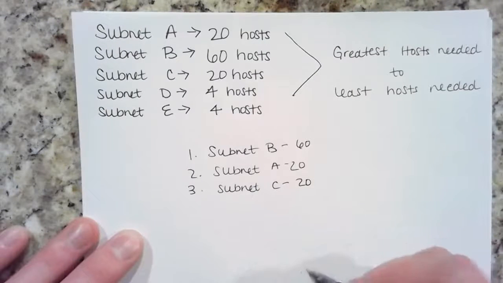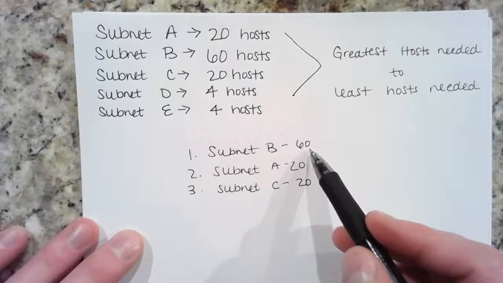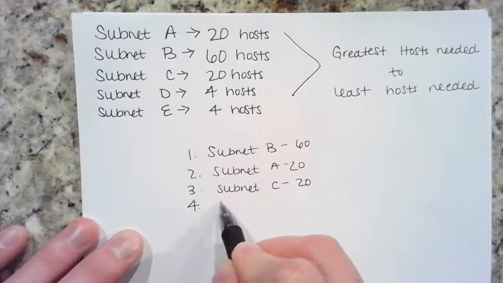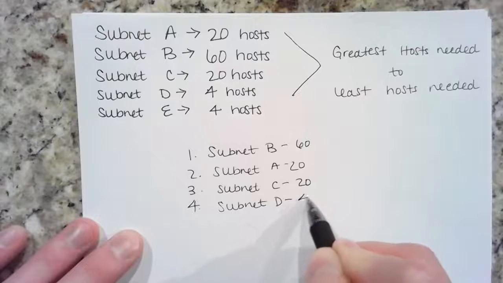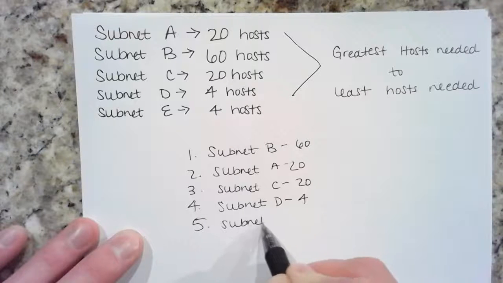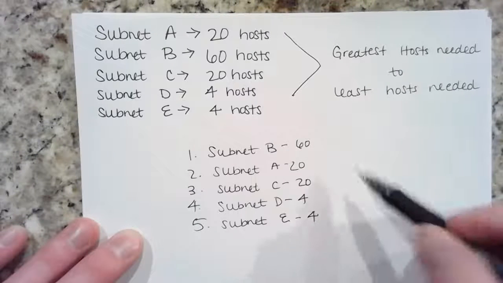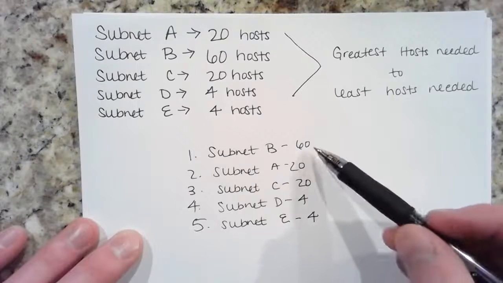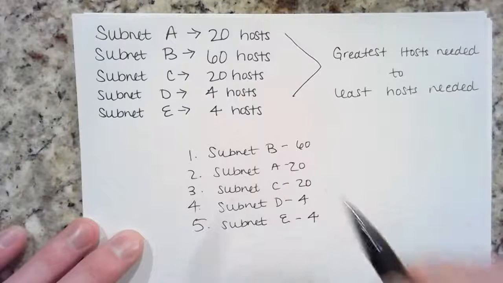Now, it doesn't matter if you do A or C first, but you do want to start with the greatest first, okay? Then we're going to do subnet D, and then last we'll do subnet E, which also has 4. So you see we've reordered these from the greatest amount of hosts needed to the least, okay?